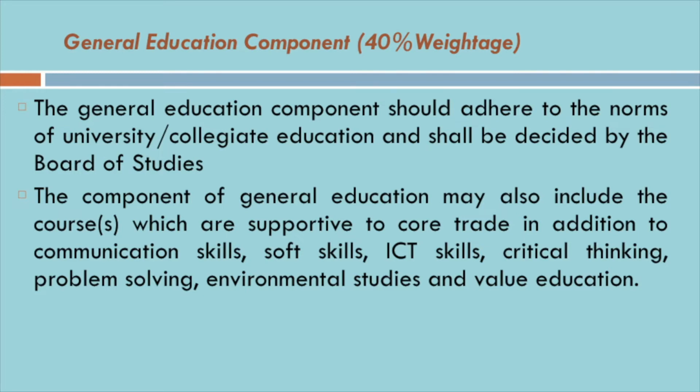It should emphasize offering courses which provide holistic development. The component of general education may also include courses which are supportive to the core trade, in addition to communication skills, soft skills, ICT skills, critical thinking, problem solving and environmental studies.